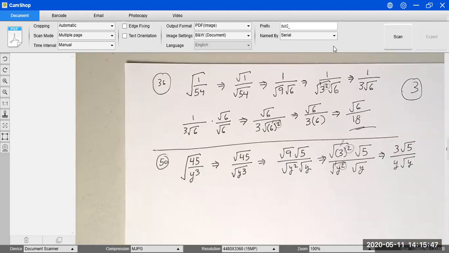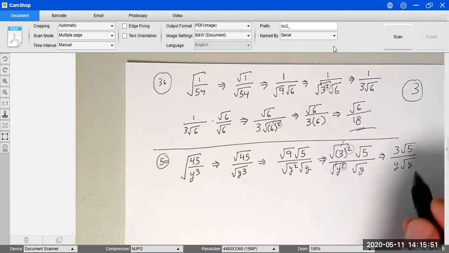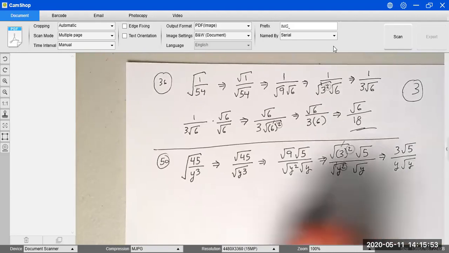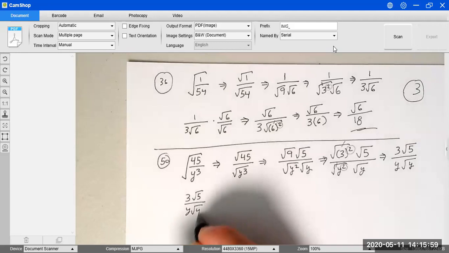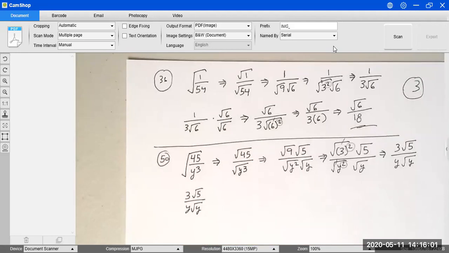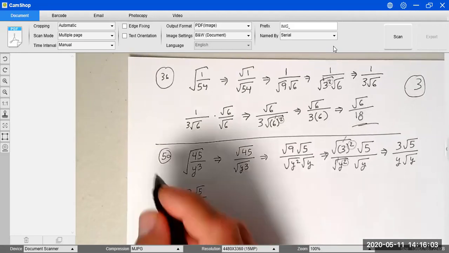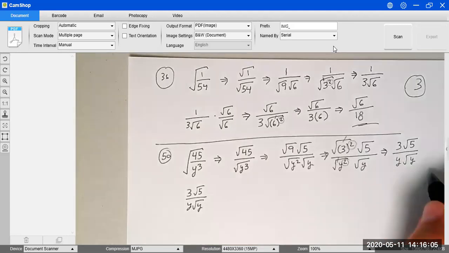This is the end of the simplification, but it's not the end of the problem because I still have this radical here. So now I'm going to do the rationalization part. Again, this is simplification.